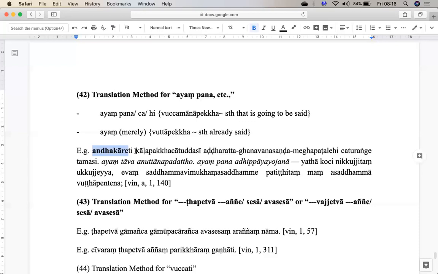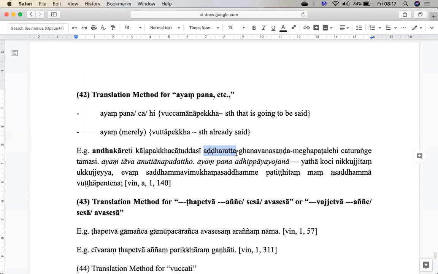The word which is explaining about that one is in the common expression without bolding, without type in the italic form. So here andhakare, the meaning of andhakare is kalapakkhe catuddasi, waning day, waning of a month, so no more moon at night.